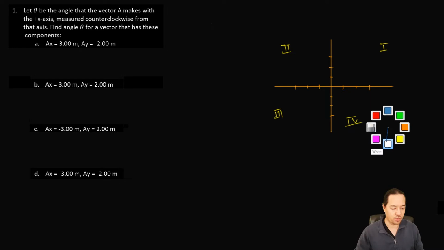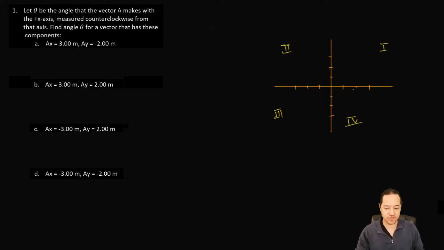Okay, so let's sketch out these 4 vectors. For vector A, we have A of x is 3, A of y is -2, so the tip of that vector will be there. Then vector B would be around here. C is going to be around here, and D is going to be around there.